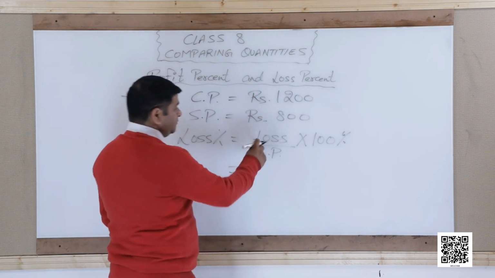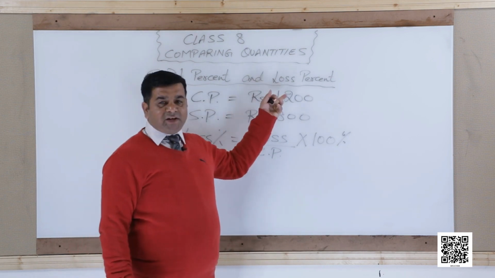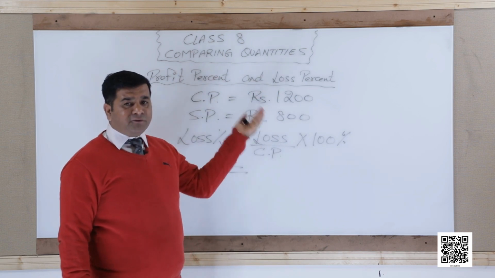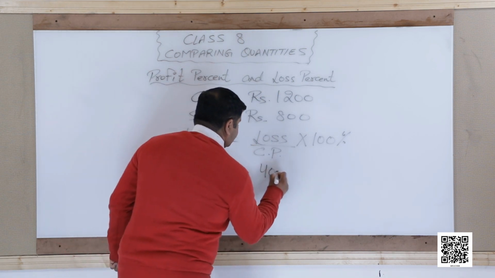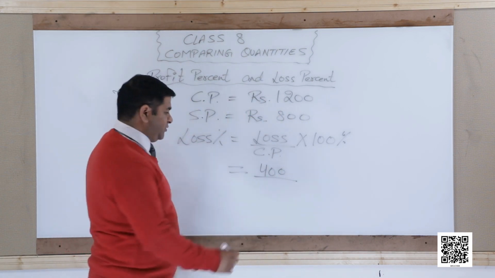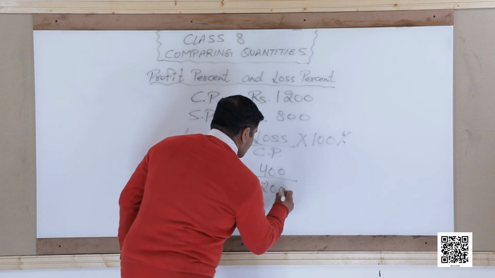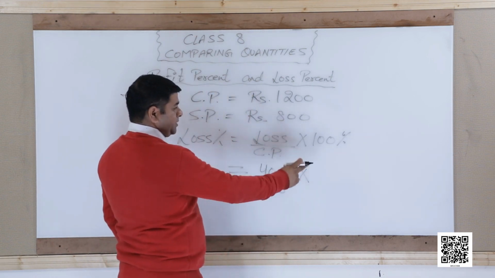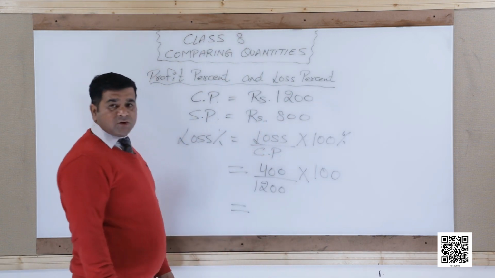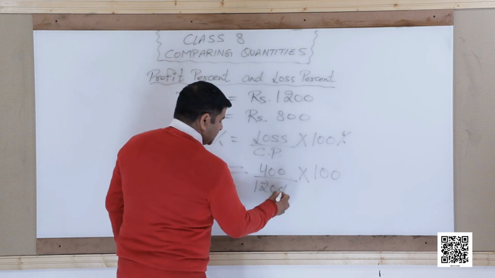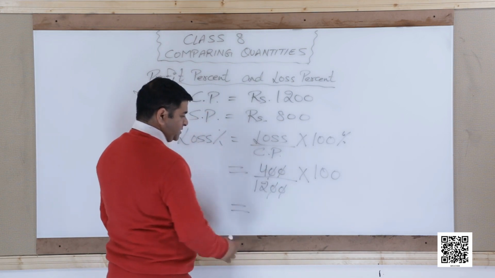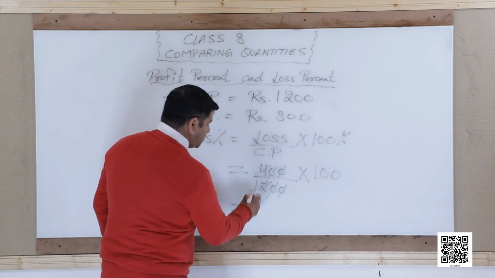See, what is the loss? Loss is the difference between the CP and the SP, that is 1200 minus 800, the difference is 400. So loss is 400 divided by cost price, which was 1200, multiplied by 100. Now see, 10 cancels with this 10, 10 cancels with this 10, 4 times 3 is 12.